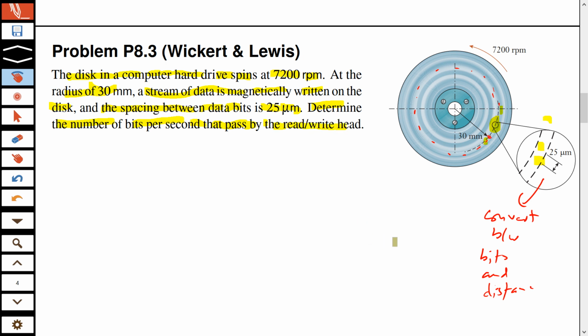Now you want to know, determine the number of bits per second that pass by the read-write head. So you want to know the number of bits per second. So we can start with the angular velocity.